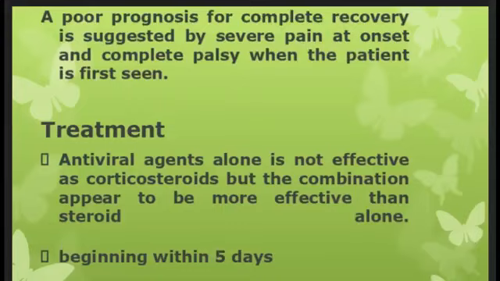A poor prognosis for complete recovery is suggested by severe pain at the onset and complete palsy when the patient is first seen. Treatment with antiviral agents alone is not as effective as corticosteroids, but the combination appears to be more effective than steroid alone. It has to begin within 5 days of the palsy, with artificial tears and ointment to prevent exposure keratitis, and the eye should be taped shut overnight.